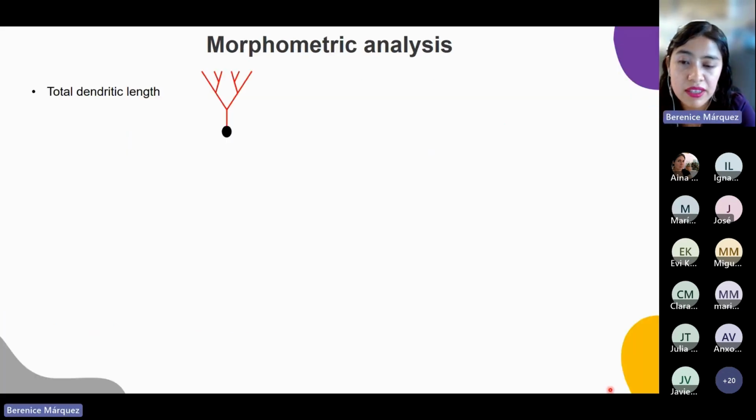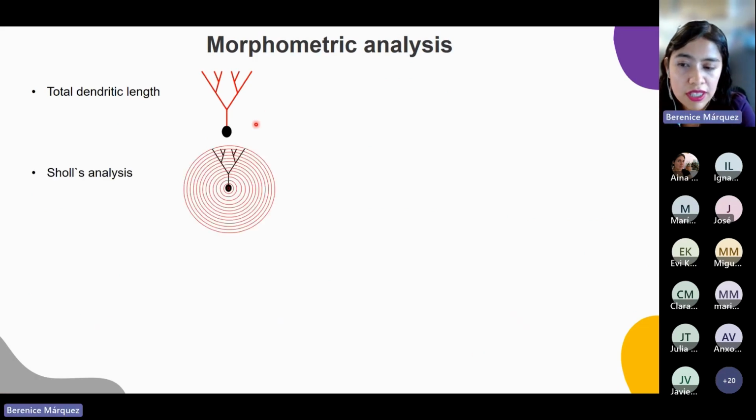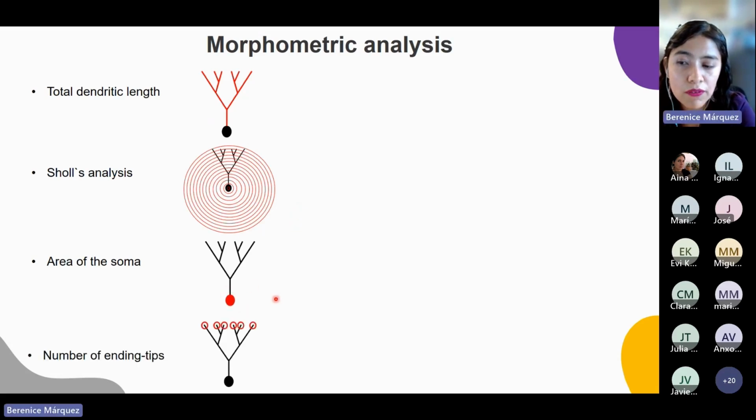First, to determine the total dendritic length, the whole dendritic tree was measured. For Sholl analysis, concentric rings were drawn and the number of intersections of the dendritic tree in each ring was quantified. The area of the soma was quantified. The number of ending tips was counted manually.